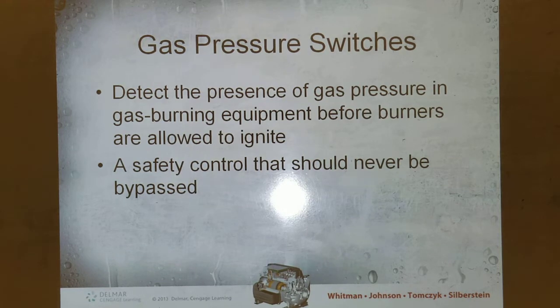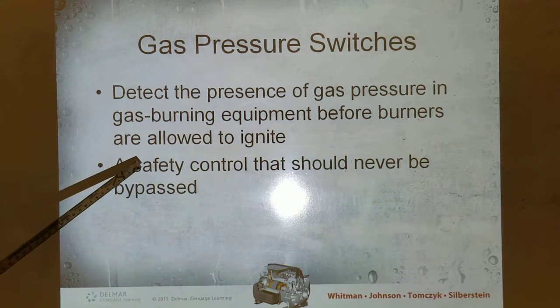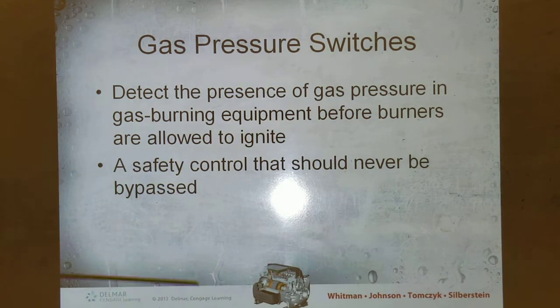Gas pressure switches detect the presence of gas pressure in gas burning equipment before burners are allowed to ignite. A safety control that should never be bypassed. Especially some of the old ones will have an actual pressure switch in the gas line, and it won't allow that unit to do anything if there's no gas pressure.